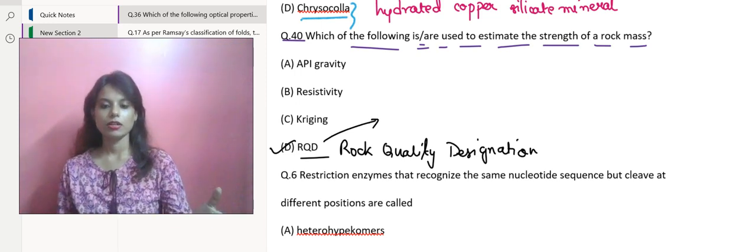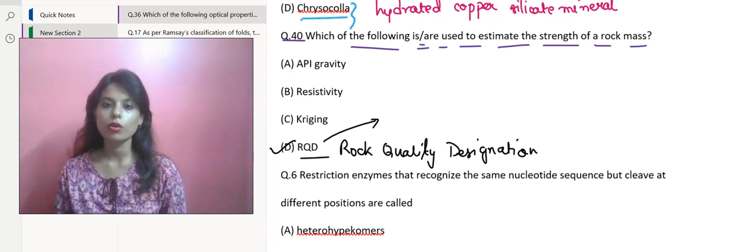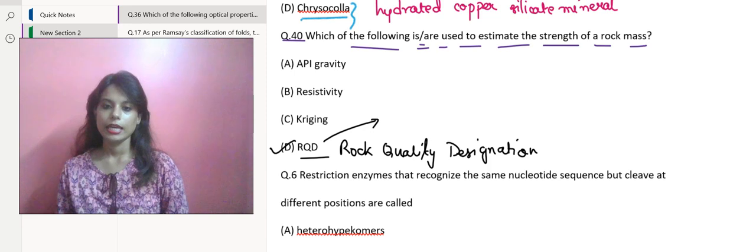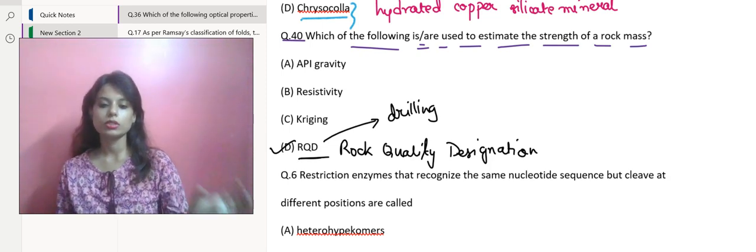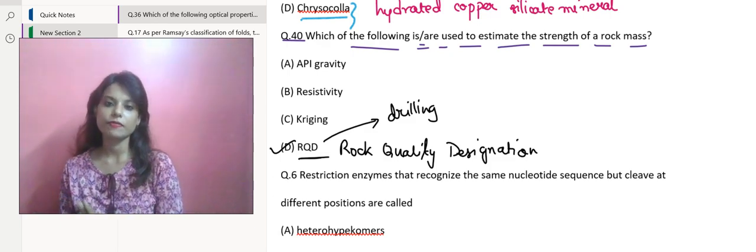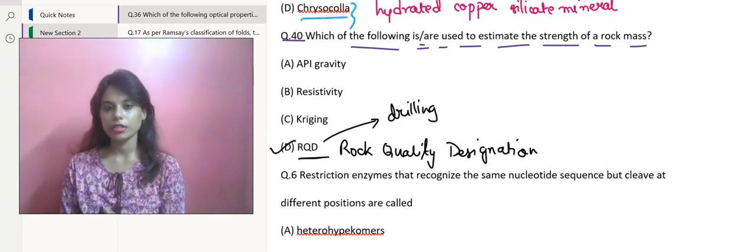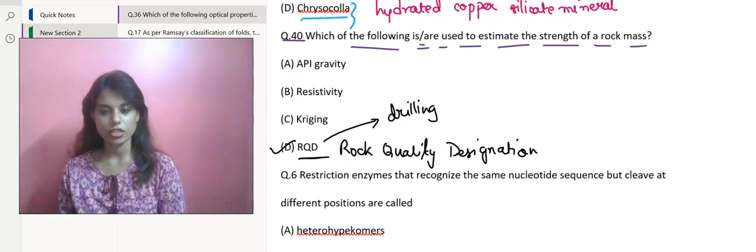It is actually a measure of the quality of a rock core sample, and it is typically obtained from drilling. It is defined as the percentage of the total length of the core that contains pieces of rock with a length that is greater than a specified size, for example, usually around 10 centimeters or 4 inches.